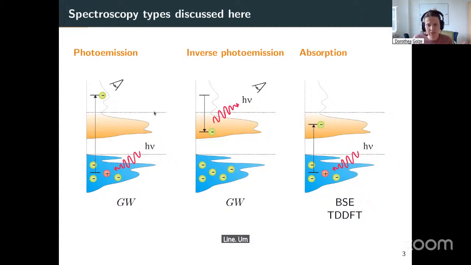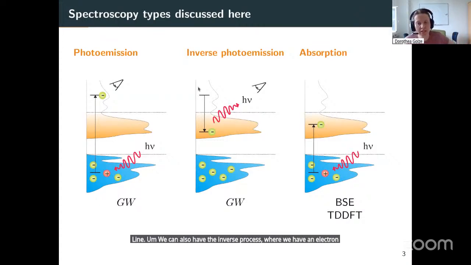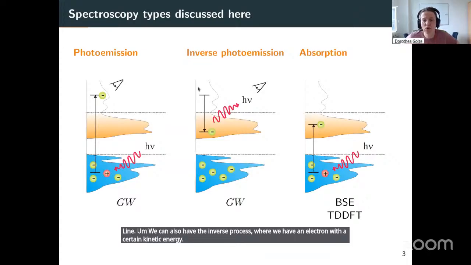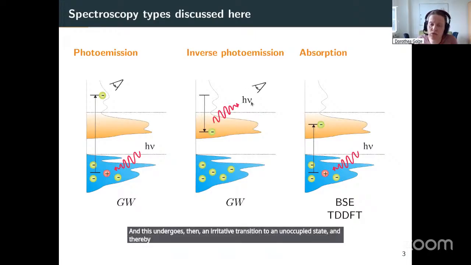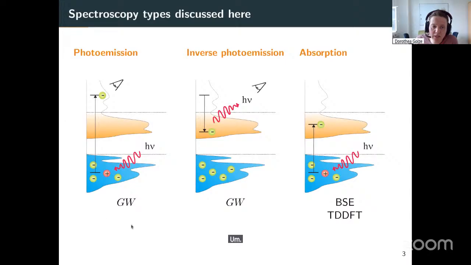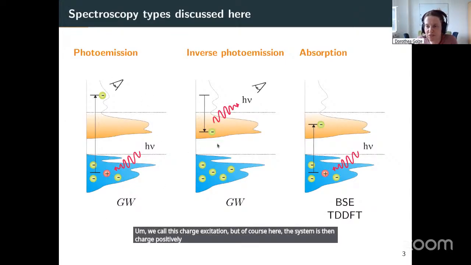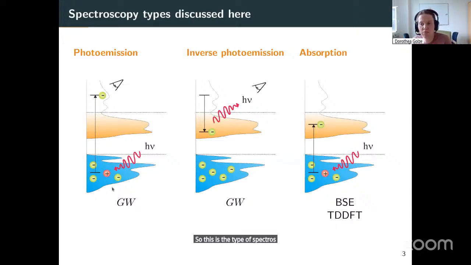We can also have the inverse process where we have an electron with a certain kinetic energy, and this undergoes a radiative transition to an unoccupied state, thereby emitting light, also with the energy h times nu. We call this charged excitation because here the system is then charged positively and here negatively afterwards. So this is the type of spectroscopy we can describe with GW.